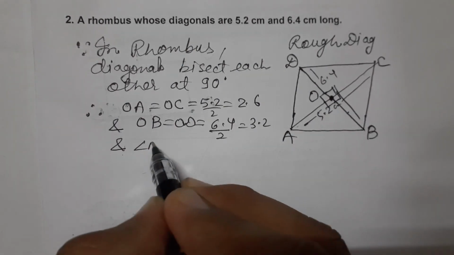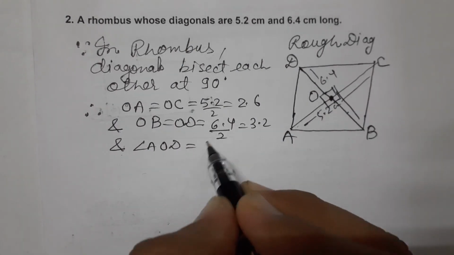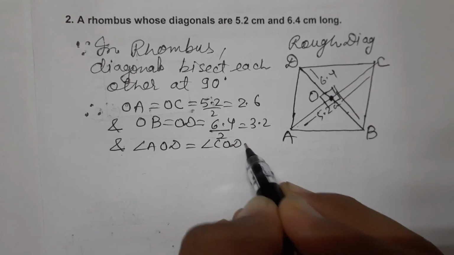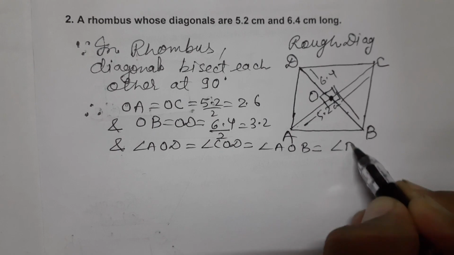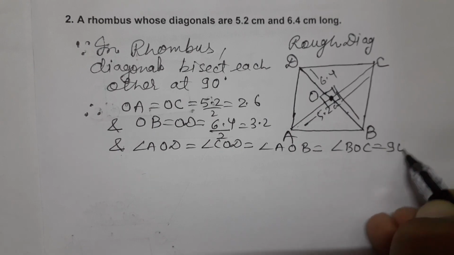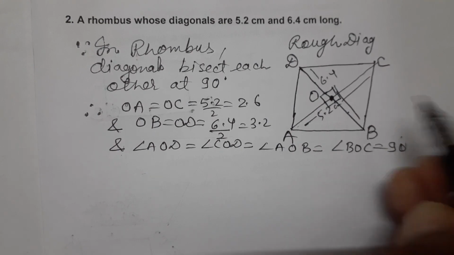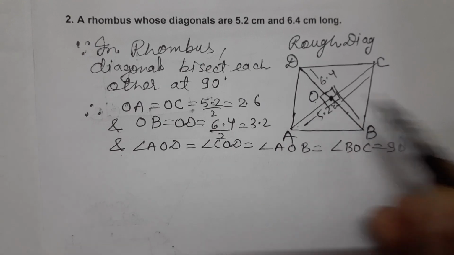That means angle AOD equals COD equals AOB equals BOC, all angles are 90 degrees. So we will make use of this property.